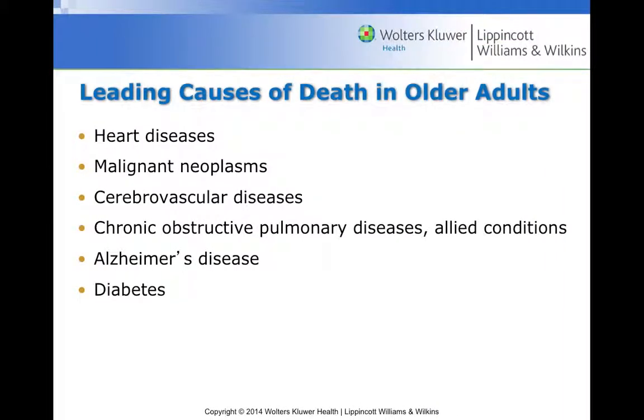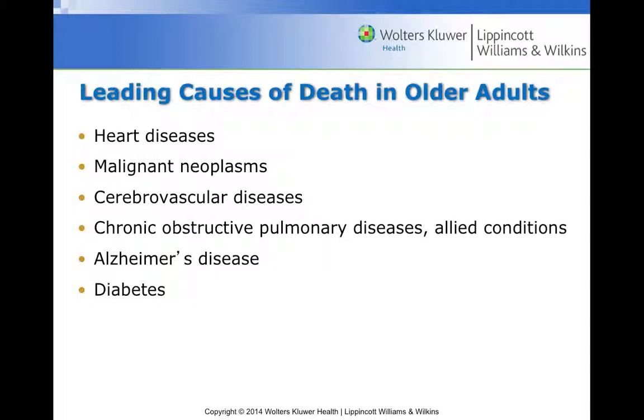Looking at the leading causes of death in older adults, first we want to note that most deaths in the U.S. occur in people 65 years of age and older, with 48% of these being caused by heart disease and cancer.